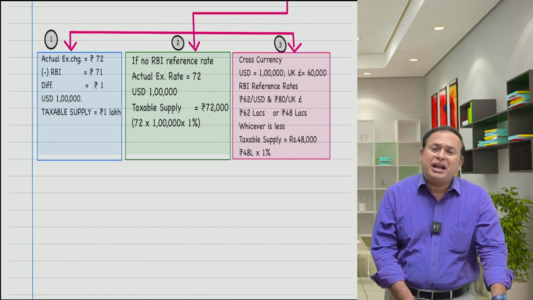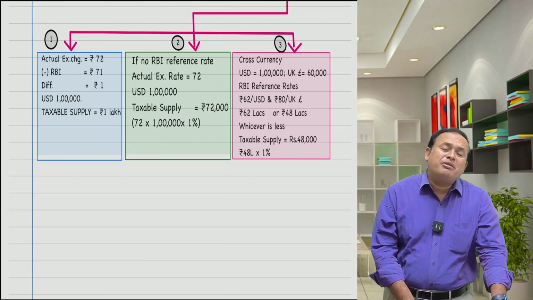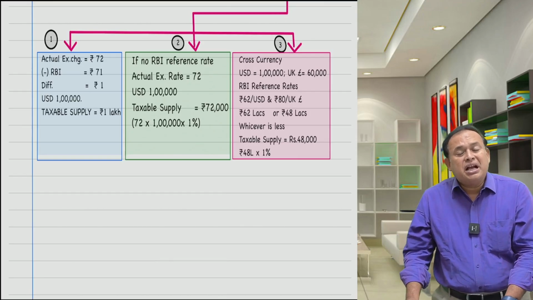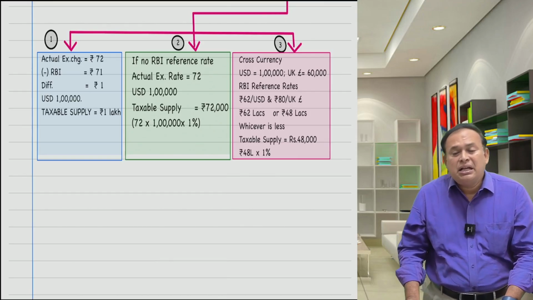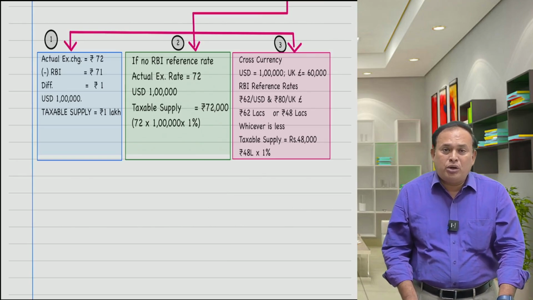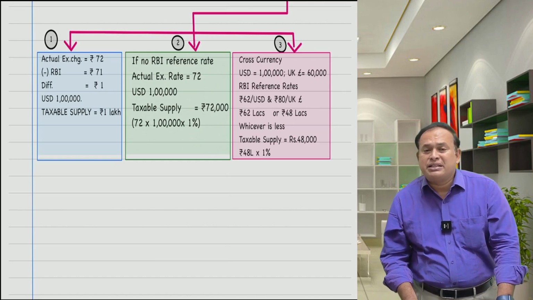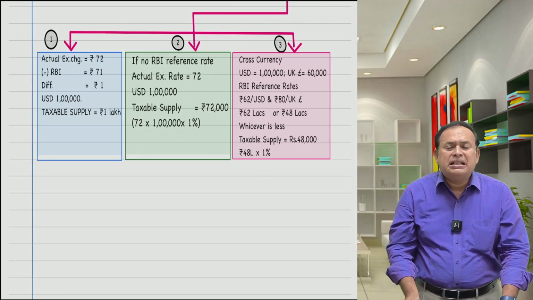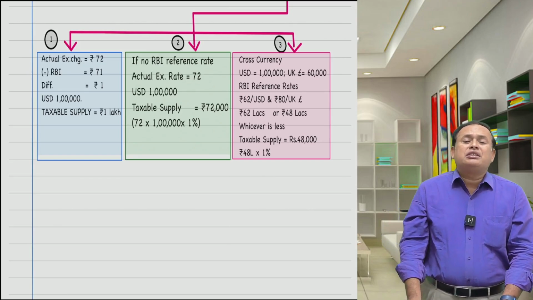Identify the difference and multiply it with the number of foreign currency units, and you will get the value of taxable supply. Second case, where the RBI reference rate is not available, the actual exchange rate for the given foreign currency is multiplied with the number of foreign currency units, and on the total value apply 1%, which gives you the value of taxable output supply.